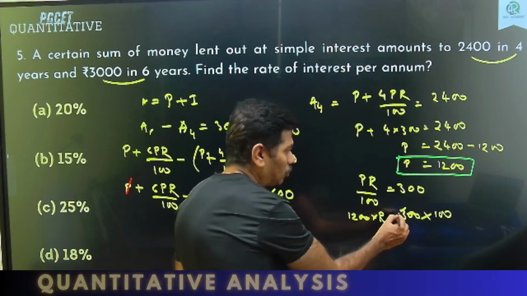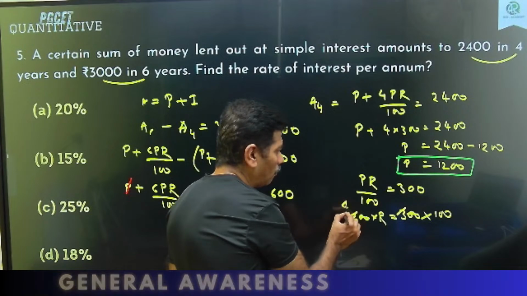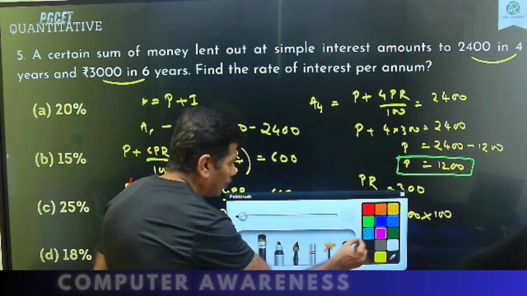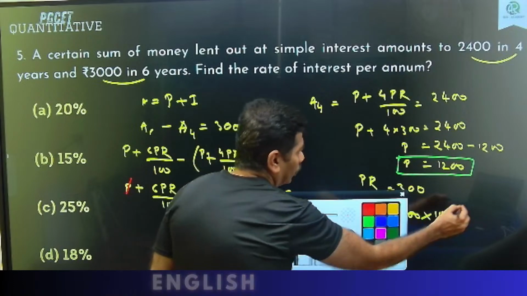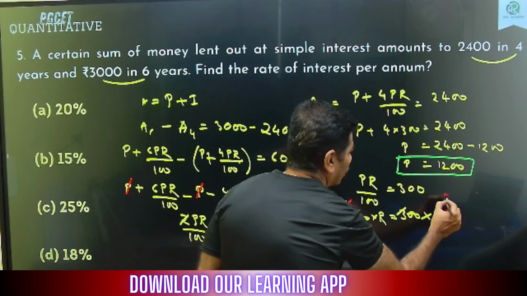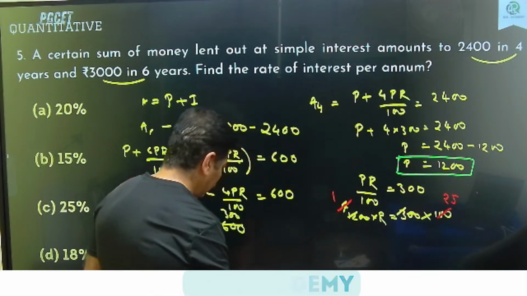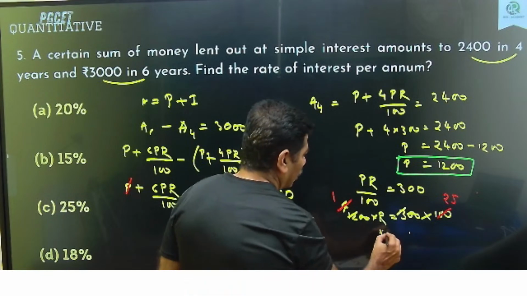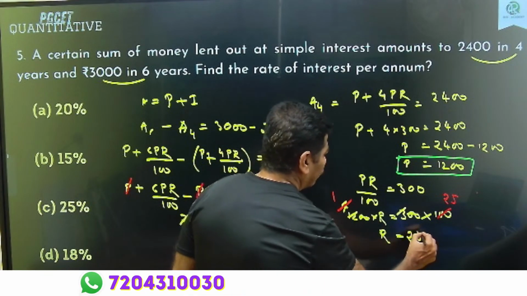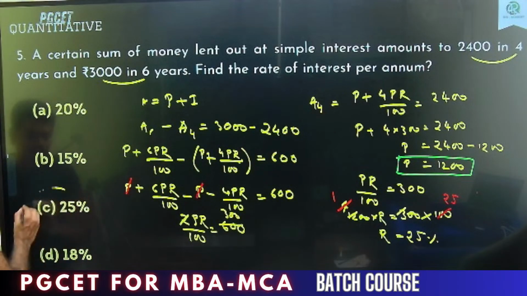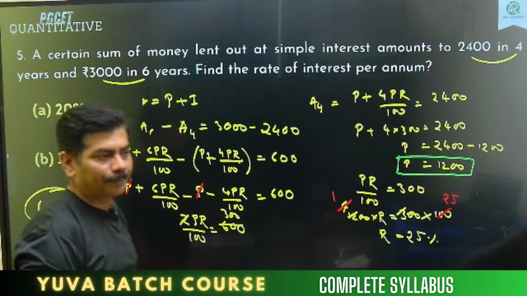Then 3 times 1, 3 times 4, and 4 times 1 and 4 times 25. So ultimately you get the value of rate of interest as 25%. Okay, so this is the correct answer.